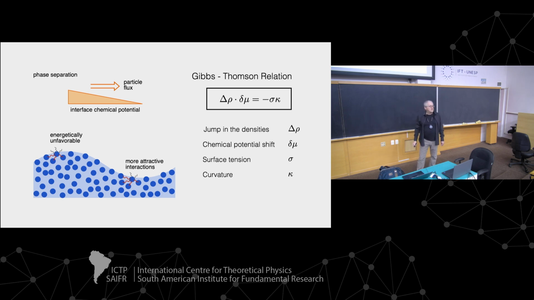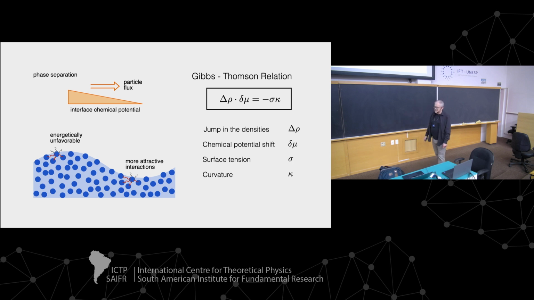They're missing some of their friends, some of their neighbors, and because of that, you have a different type of energy at the surface. And that's what makes up the surface tension. And you might also notice it matters here whether you are on a bulge or on a valley, because that changes the number of neighbors.